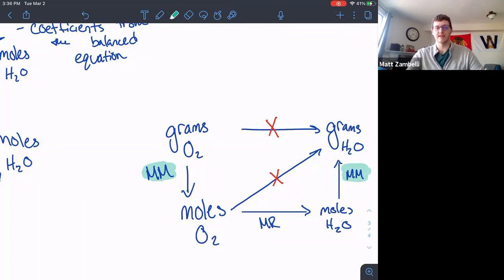I use the same molar mass twice? What? Why not? I heard they're not the same. So what would that one on the left be? What would this one be? What molar mass would I use? The molar mass of what?